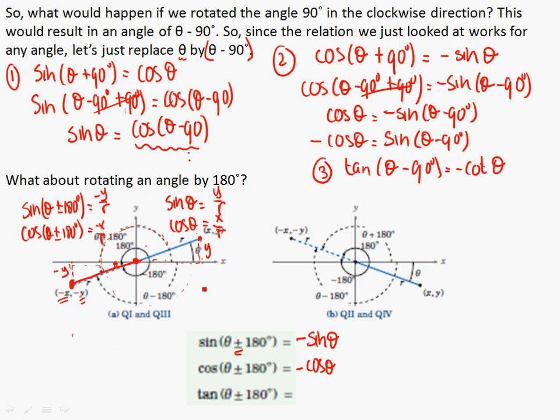But the tangent's a little bit different, because what happens with the tangent? It's y over x. That's our normal definition for the tangent. What happens over here when you do the tangent, when you do plus or minus 180? You end up with a negative y divided by, the x is, from here to here was how much?